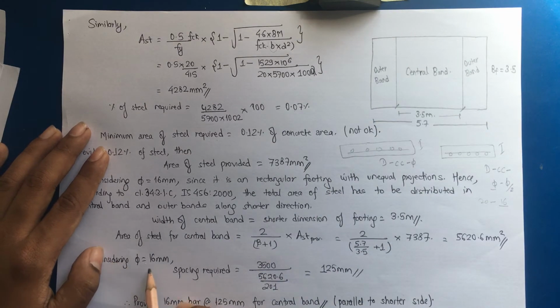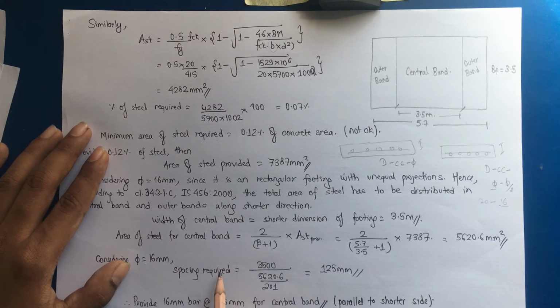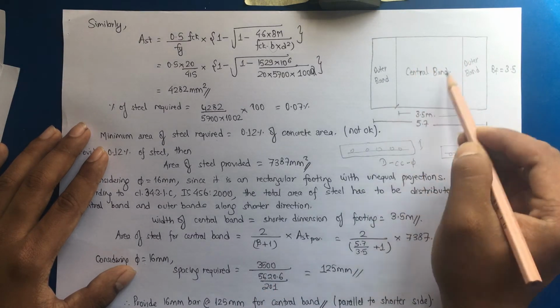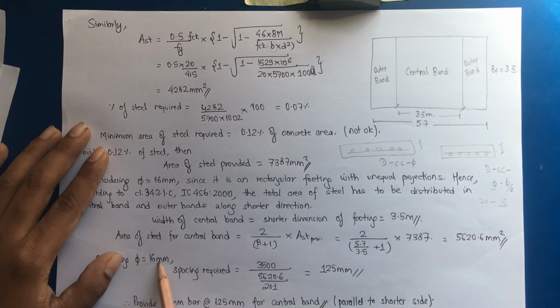So considering phi as 16 mm, the spacing required will be 3500 by, as we have already done this formula, the width of the section divided by 5620.6 divided by 201. So 3500 is the width of the section, then the area of steel in this width, and the area of an individual bar, pi d square by 4, which we get as 201.